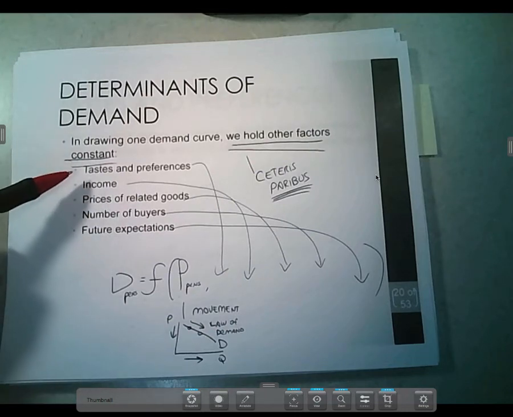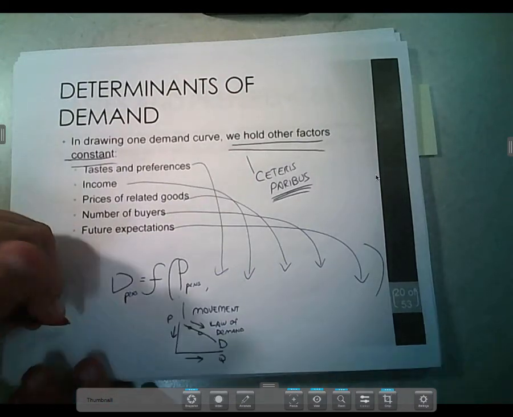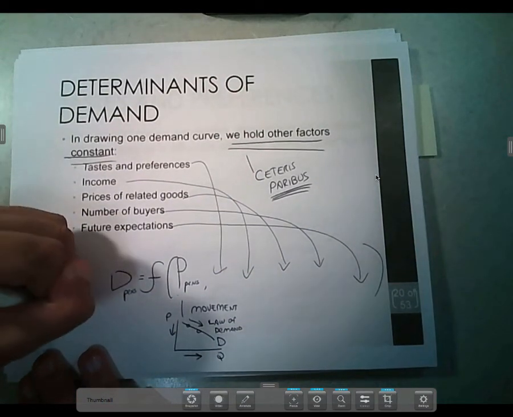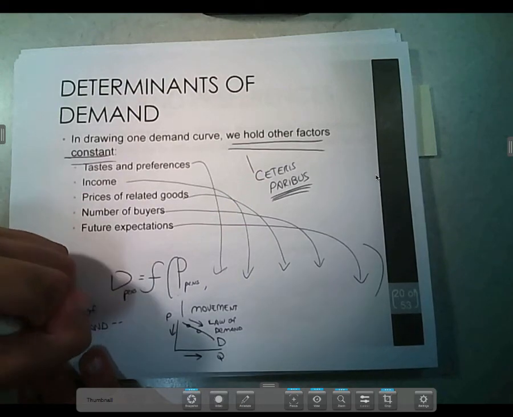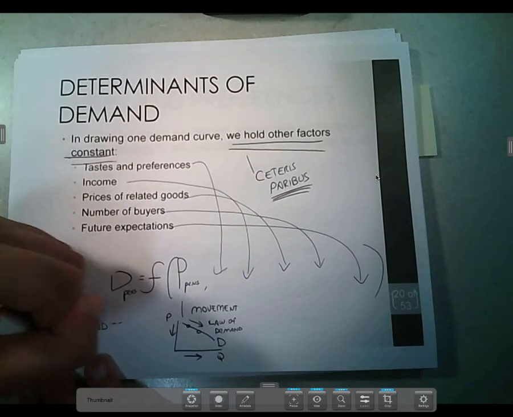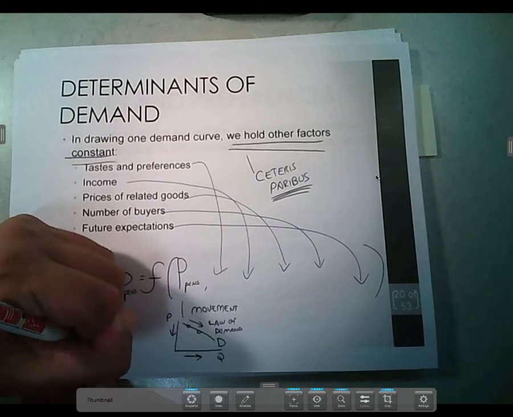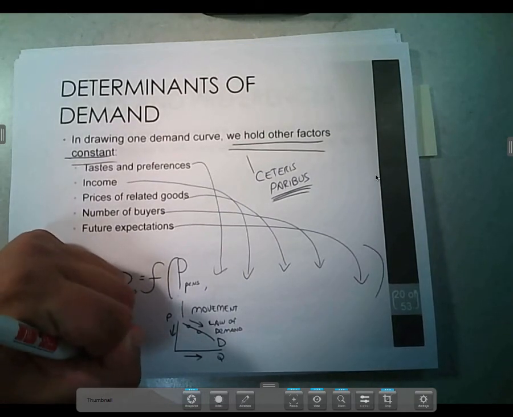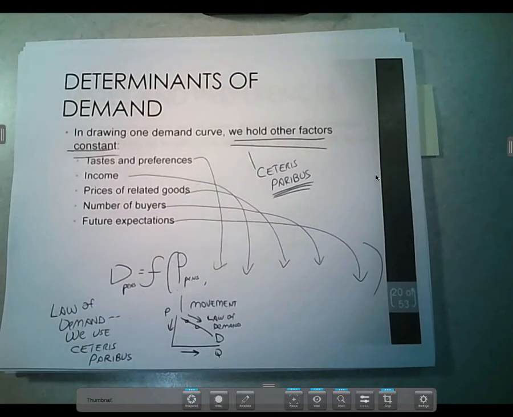These other variables: taste preferences, income, prices of related goods, number of buyers, future expectations. Let's add this here to the law of demand. We're using the ceteris paribus assumption in that law of demand.